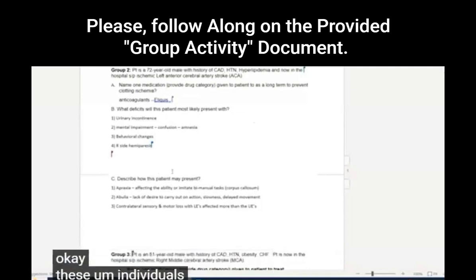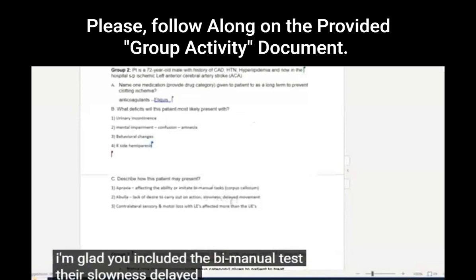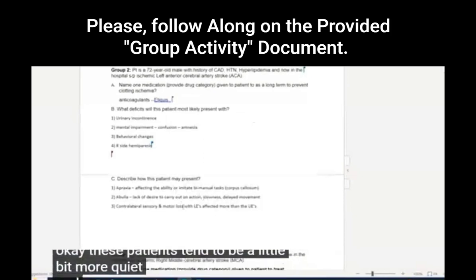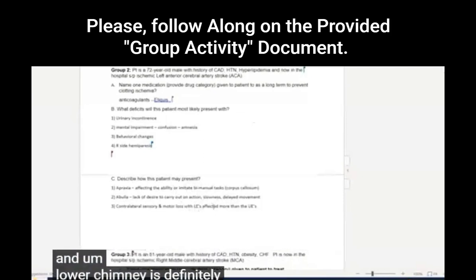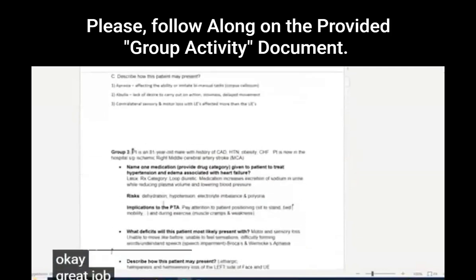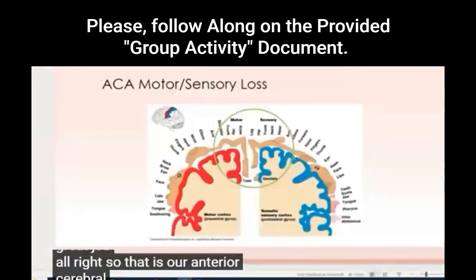I'm glad you included the bimanual task. There's slowness, delayed movement, but they're pretty aware of what's going on. These patients tend to be a little bit more quiet, and lower extremities definitely more involved than upper extremities. Great job. All right, so that is our anterior cerebral artery.